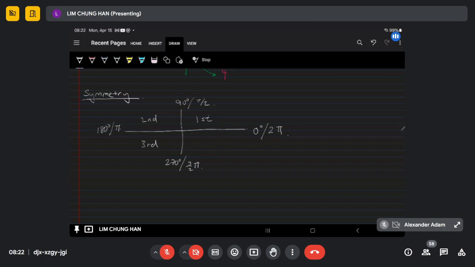And finally, 270 back to 0 degrees, the fourth quadrant. We call these quadrants.